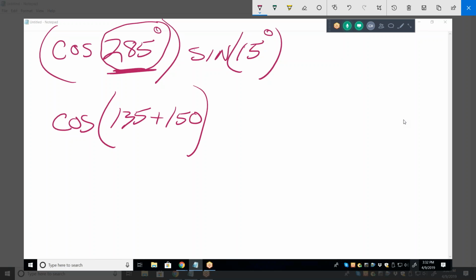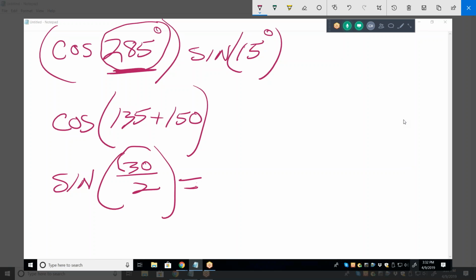So let's start there. And the sine of 15 degrees could be the sine of 30 divided by 2. And your half angle formulas all come out to be sines and cosines of that angle. So that's not a bad plan. So let's go from there.